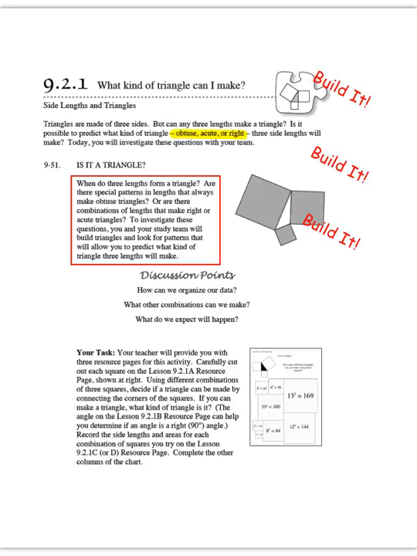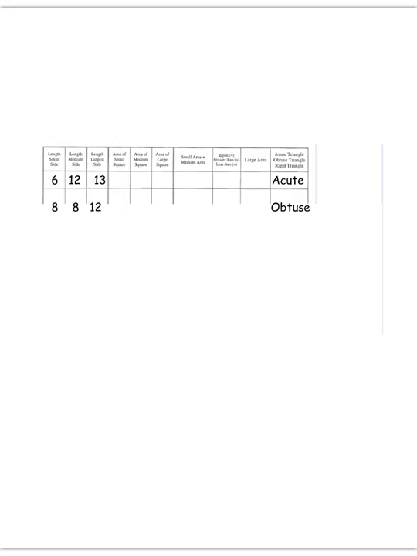So here we go into today's activity. We are going to essentially build a triangle out of squares, but I'm going to focus on the length of the sides of each of those squares. Let's suppose I have a side length of 6, another side length of 12, and another side length of 13.